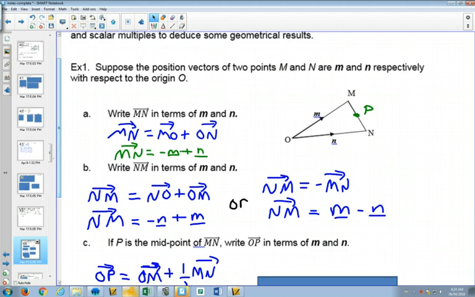So this might be maybe a robotics problem, where you've got a robot that only travels in two directions. You're starting here, you want to end here, and it can only travel in the directions of m and n. How could you get him there?